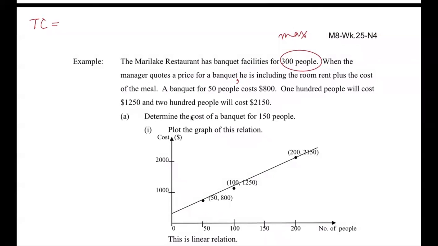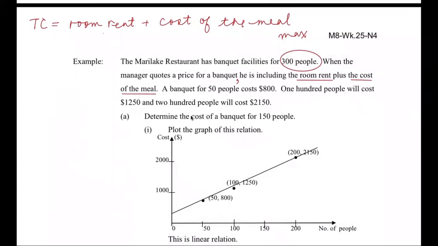The first component is the room rent. And the second component of the total cost is the cost of the meal. Let's look closer at these two costs, and then we'll realize that these two costs are actually of two different types.